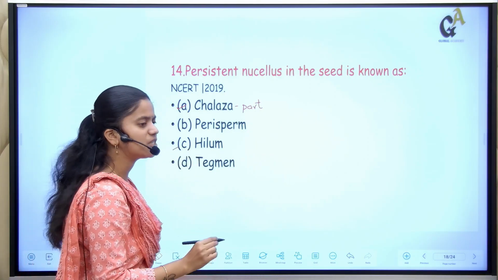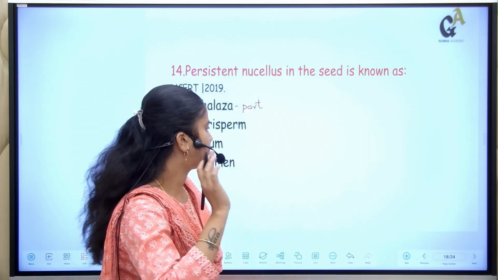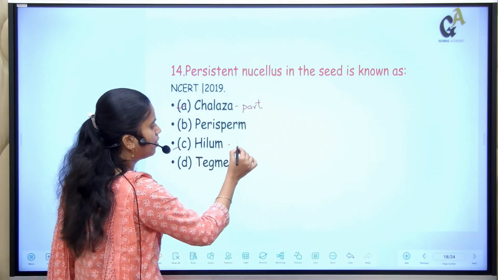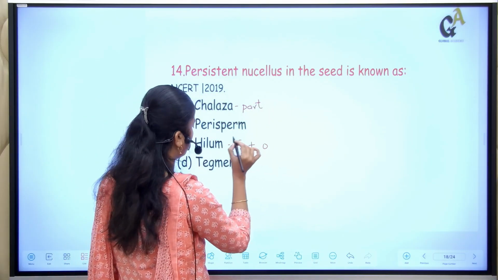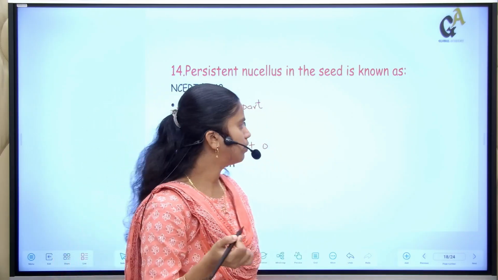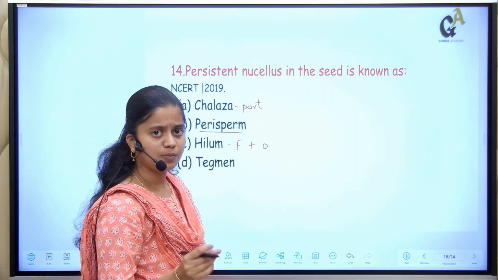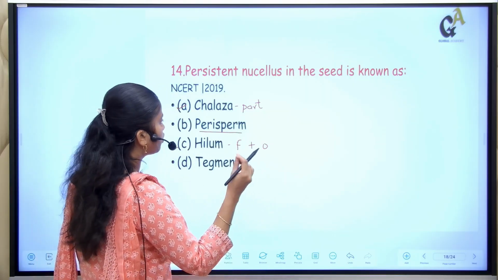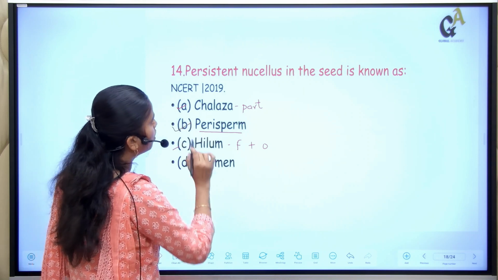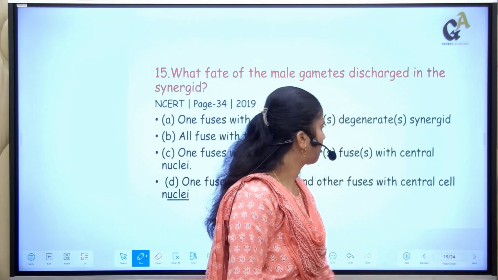Hilum is the place where the funicle and the ovule meet. Then the tegmen. Tegmen is the last portion of the ovule also. Then perisperm. Perisperm is the innermost layer that persists in the nucleus of the seed.